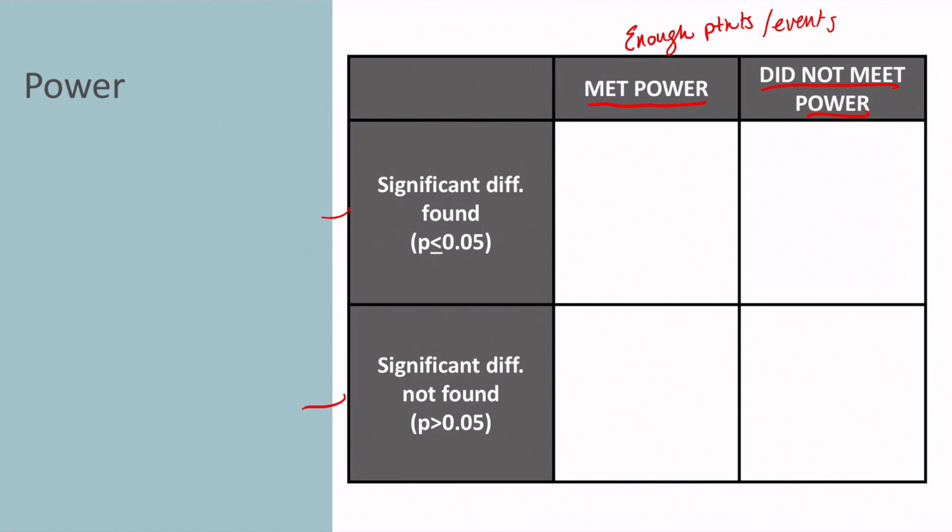When we're doing this, remember what I said. Power is a much bigger deal whenever we don't find a significant difference. Right? So, if I found a significant difference and I met power, that's okay. We're good here.